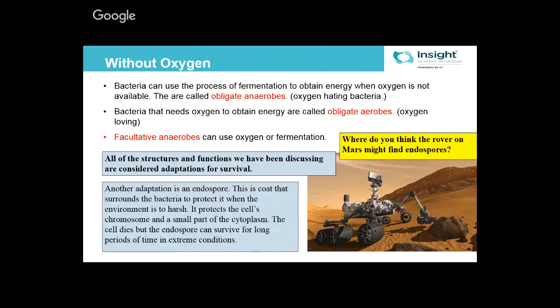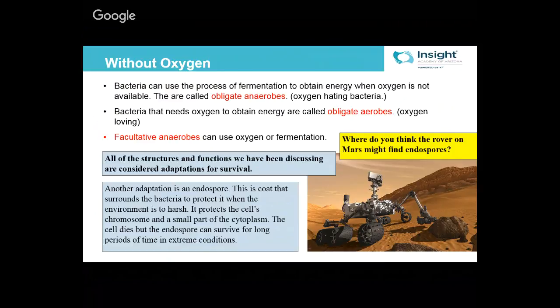So all the structures and functions we have been discussing up to this point are considered adaptations for survival. So survival of the fittest, the organism wants to be able to survive, wants to be able to reproduce, and carry on its DNA into a new generation. Another adaptation that makes bacteria really unique is this ability to create an endospore.